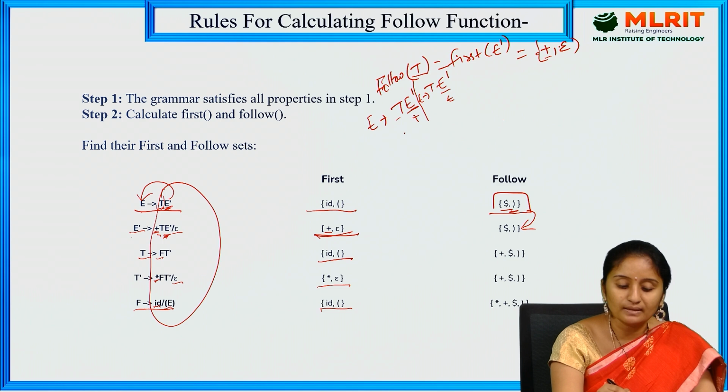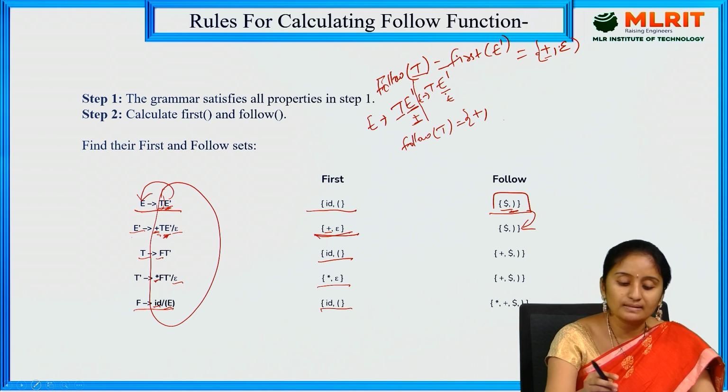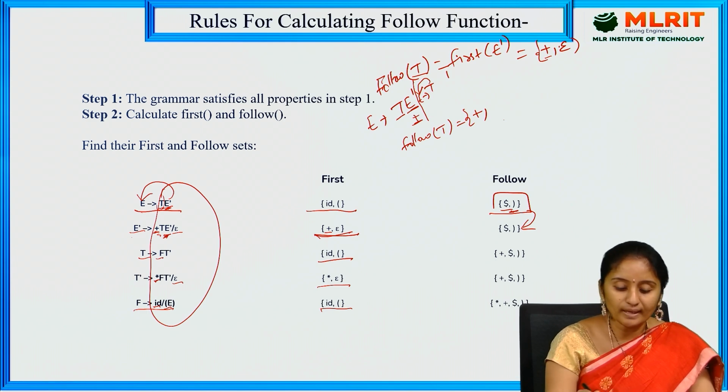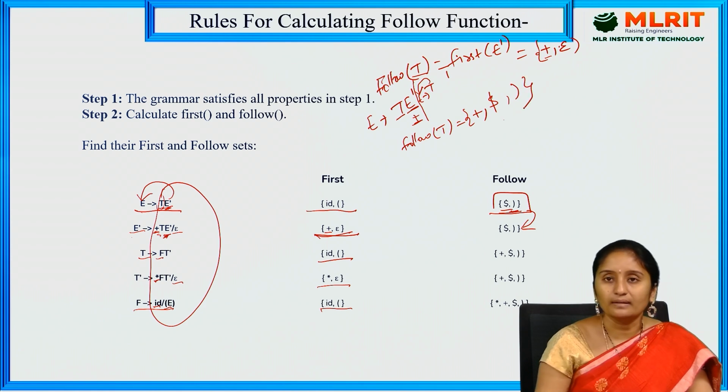Follow of T: T is followed by plus, and here epsilon. Epsilon is nothing but empty. Nothing is there, so it became T. So follow of T is followed by follow of E. What do I have as follow of E? Dollar, comma, closed bracket.